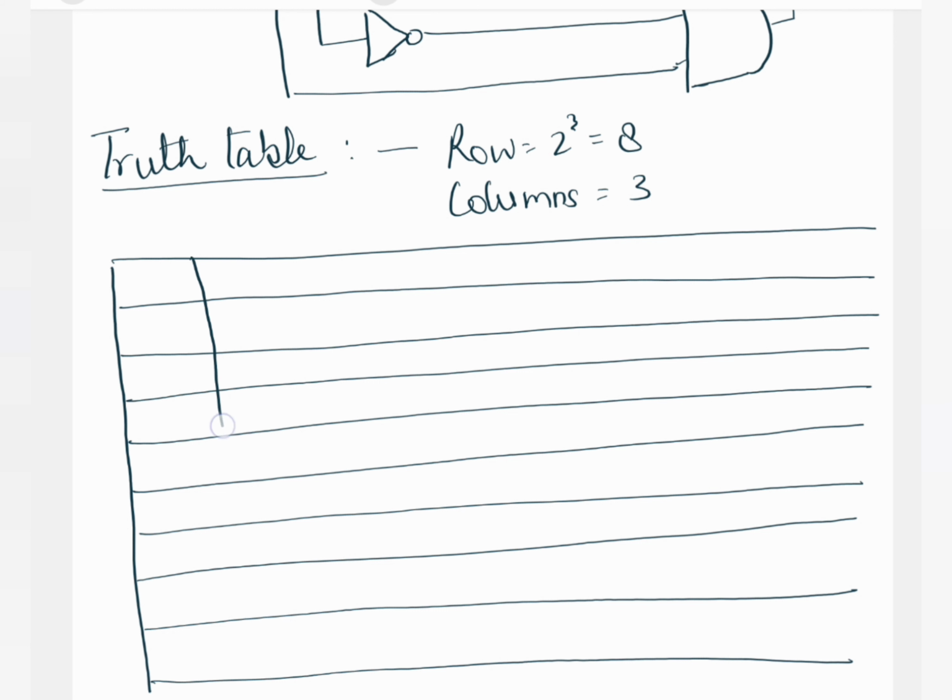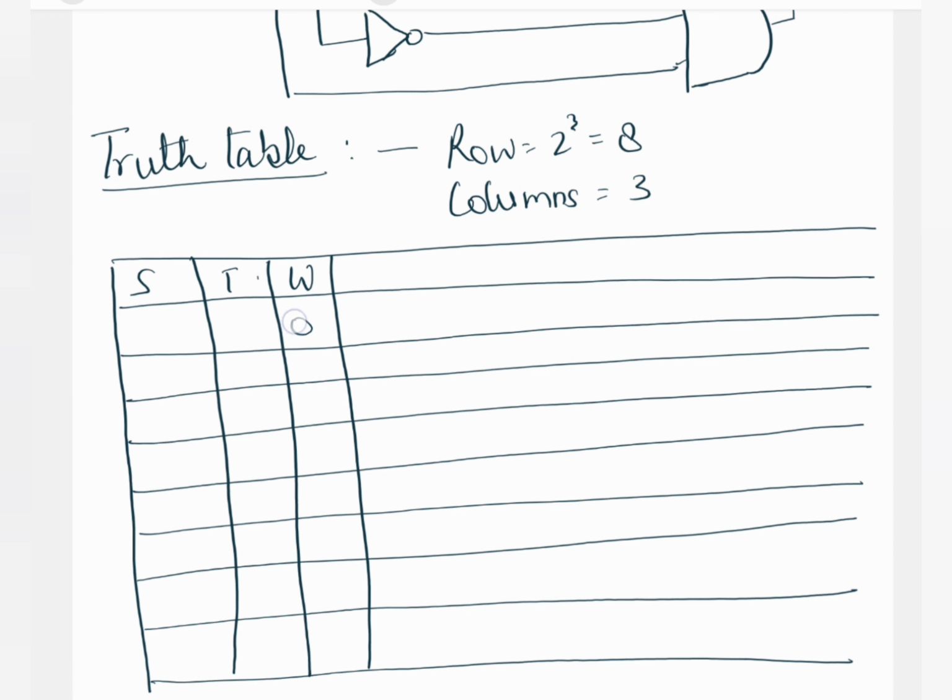Let's put the 3 variables together, S, T and W. The input remains the same, one time repetition, so it's 0, 1, 0, 1, 0, 1, 0, 1. We have got 2 zeros, 1, 1, 0, 0, 1, 1, the 4 zeros and 4 ones. So we are ready with the input values.